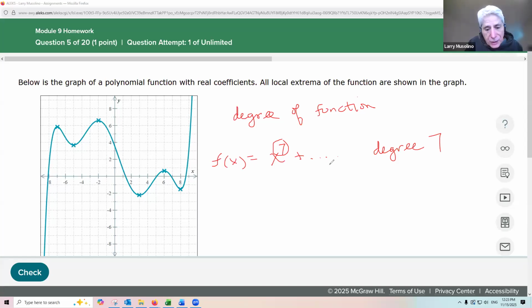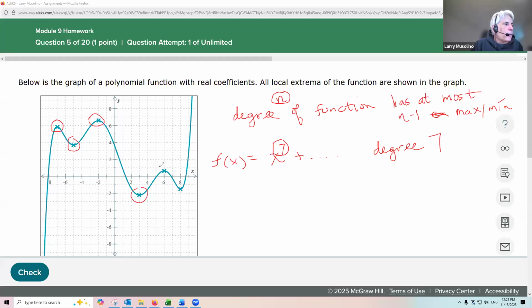Well, the degree of a function, let's call it degree n, has at most n minus 1 max mins. So let me count up the number of max mins here. There's 1, 2, 3, 4, 5, 6. So there's 6 max or mins here.